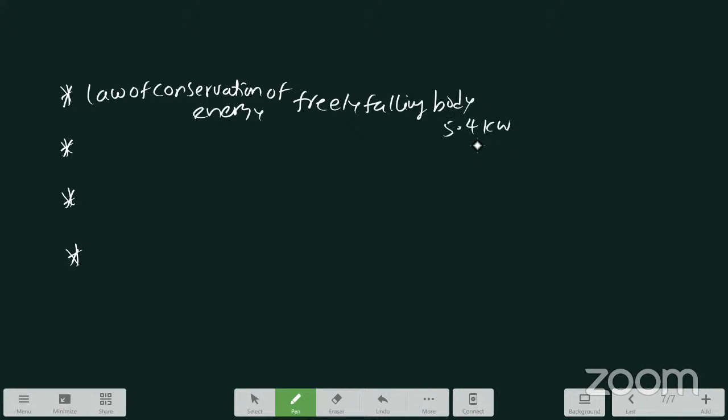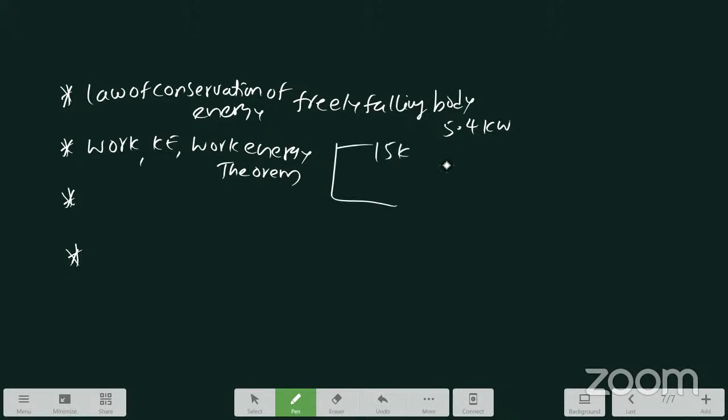This is problem number 1 for law of conservation of energy. Define work, kinetic energy, work-energy theorem. For this one, 2 problems, students: one is 15,000 watts, next one 170 HP. Power of motor problems.